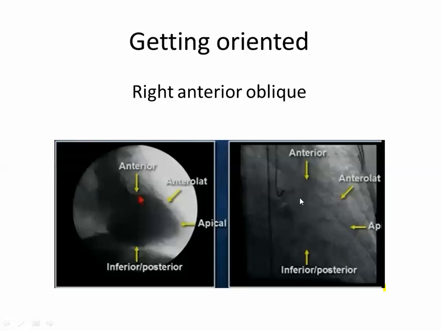And what is this wall? Inferior, posterior, and this is the atrioventricular sulcus. So the LCX will come here. Is it clear or not?